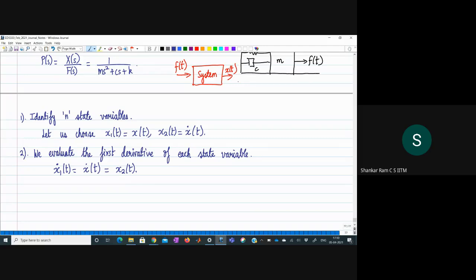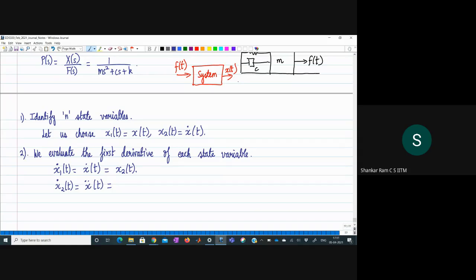So we essentially rewrite the first derivative of the state variables in terms of the state variables themselves and the input term. That's what we have done here. So this is the first equation. Then the second equation is in terms of x2. x2 dot will now become x double dot of t.